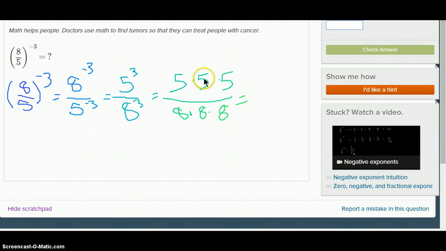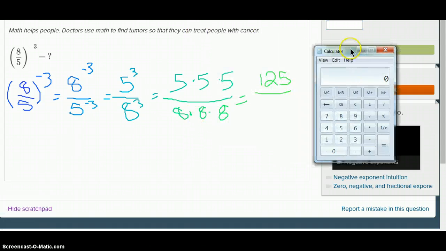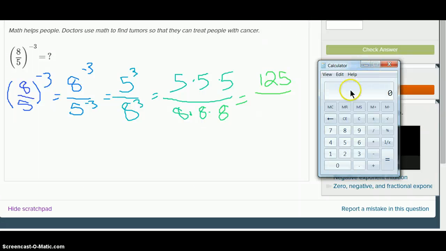And this would equal 5 times 5 is 25 times 5 is 125. And 8 times 8 is 64, times 8 is, I don't know if I can do that in my head, so I'll just pull out the calculator. Alright, so 8 times 8 times 8 is 512.